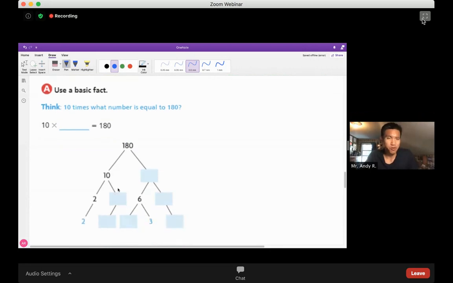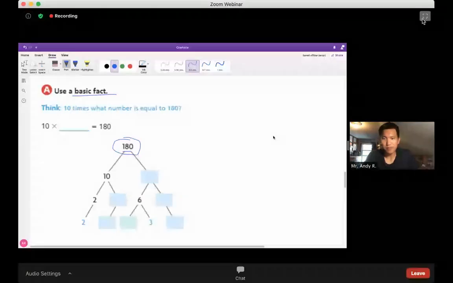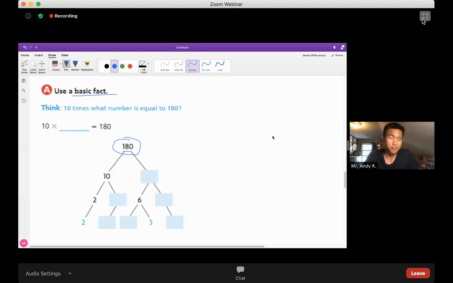Okay, so let's start with 180. Yep, this is our first problem. 180. Big number here. Okay, so first, let's look at 180. How should we begin? Using basic facts? Tell me, how should we begin with 180? How do we factor them? What numbers do we know multiply to get you 180?